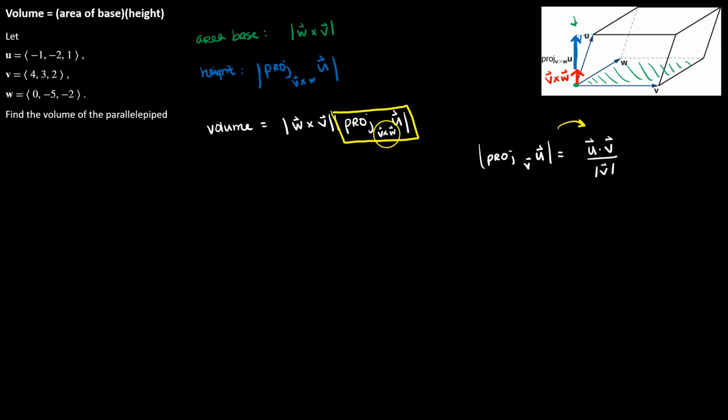But we're going to have to adjust it a little bit because instead of v, we have the cross product of v and w. So we're projecting onto that cross product. Wherever we had v here, we need to replace that with what we have in our projection. So that'll look like u dotted with the cross product of v and w, and then divided by the magnitude of v crossed with w.